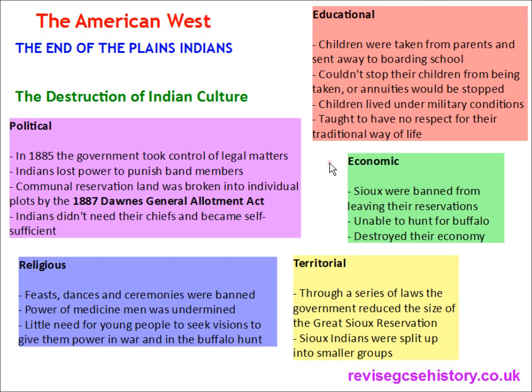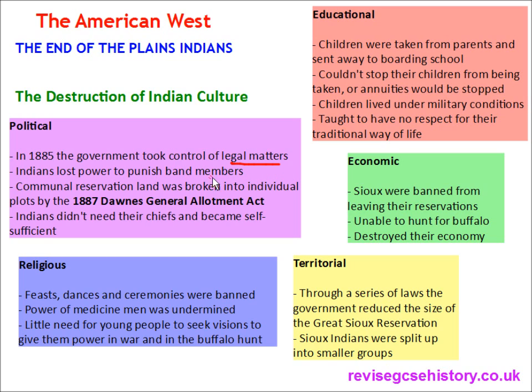So, how did the government system of reservations help to contribute to the eventual destruction of Indian culture? Right, we're going to break these down into groups of factors. So political factors. In 1885, the government took control of legal matters.